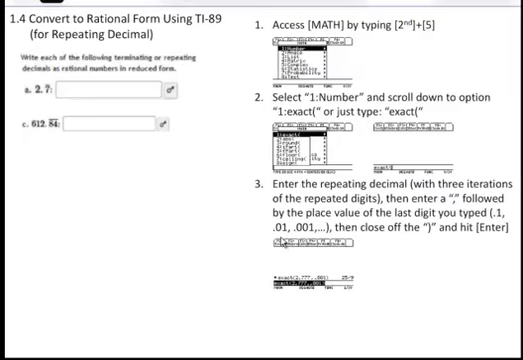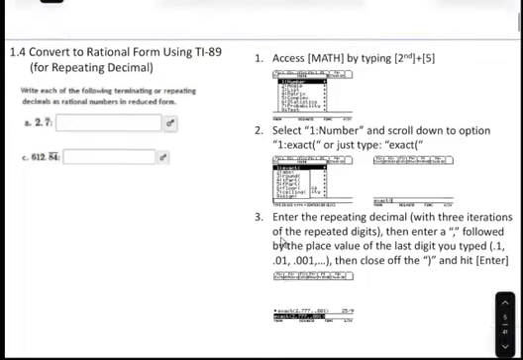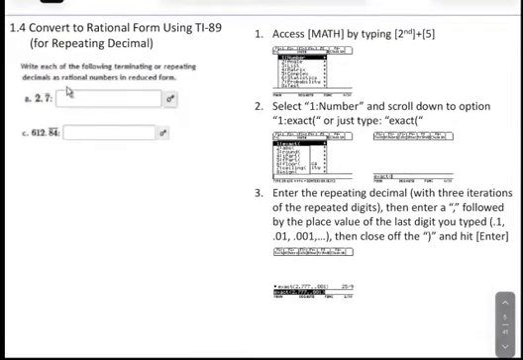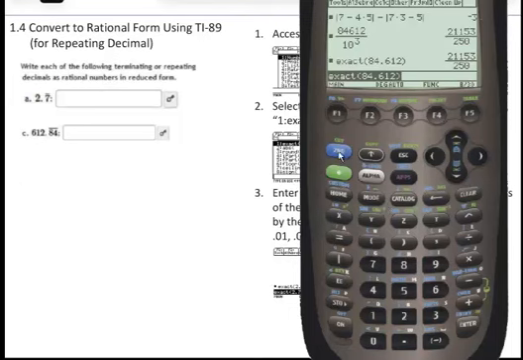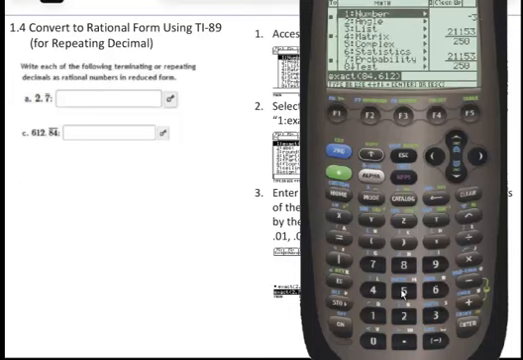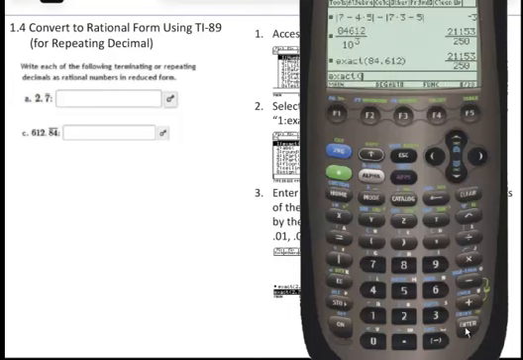Let's take a look at this first example here, and then I'll have you try the next one on your own. If you are looking at these repeating decimals and trying to find the exact form of this decimal approximation, you access exact, in the math catalog under option, choose exact.